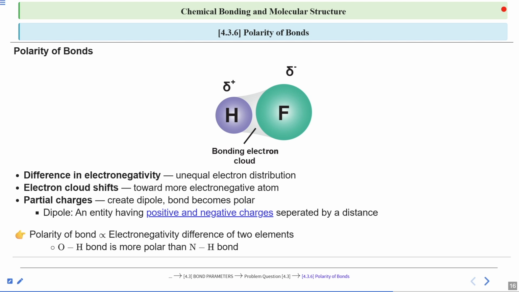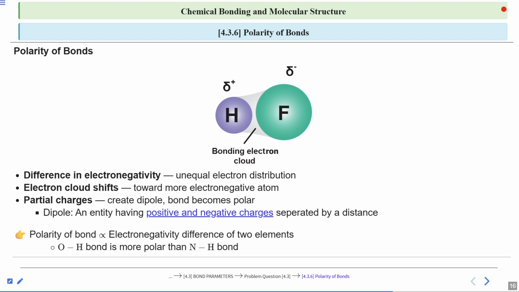Why am I not comparing HF and HCl? Because fluorine and chlorine are of different periods. Therefore, the distance or the size will change dramatically, and the distance between H and Cl and H and F will impact the polarity. Whereas in this case, if you consider hydrogen with oxygen and hydrogen with nitrogen, since oxygen and nitrogen are both in the same period, we can only choose electronegativity to define the polarity of the bond.